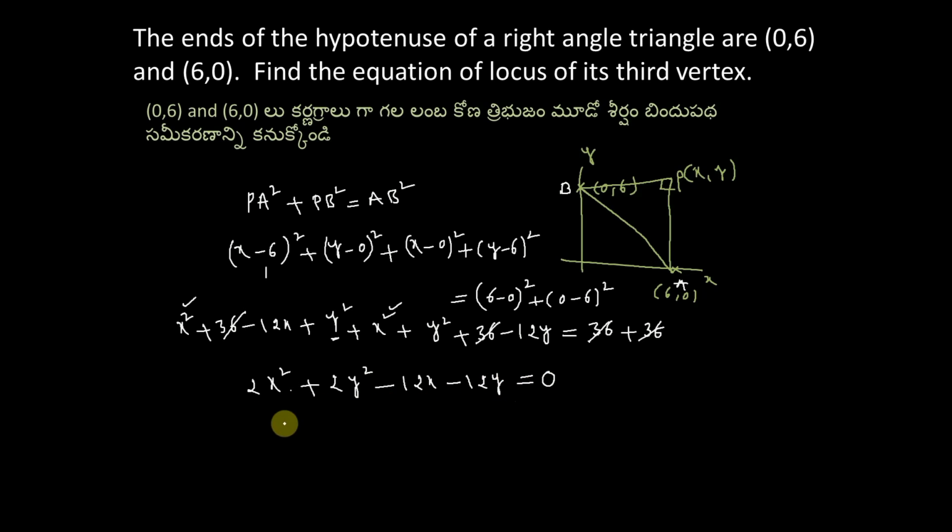Overall I can cancel 2. After cancelling 2, the final answer, therefore the locus of P is x square plus y square minus 6x minus 6y is equal to 0. So this is the problem.